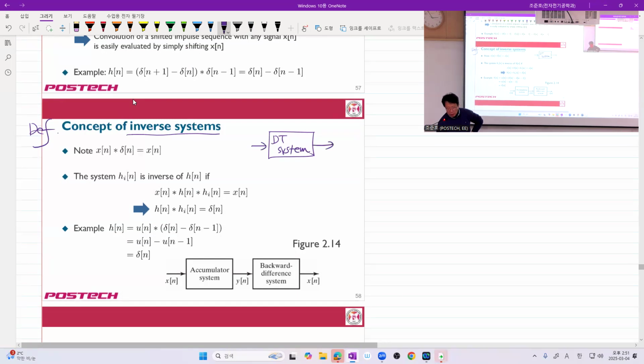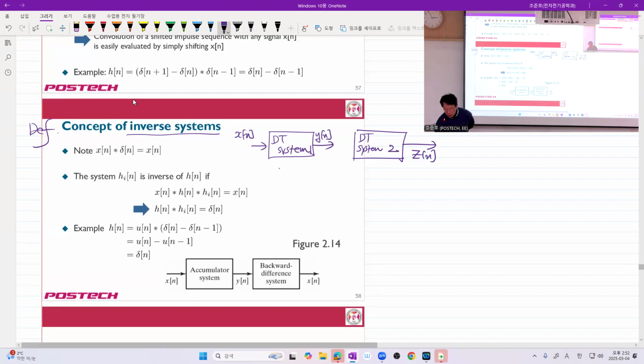I'm not saying LTI, okay? You have an input and you have an output. Now you have another system. Let's say DT system 1 and DT system 2, and you have Z.